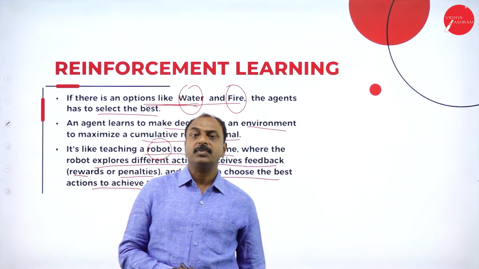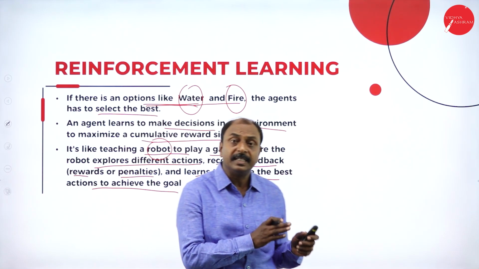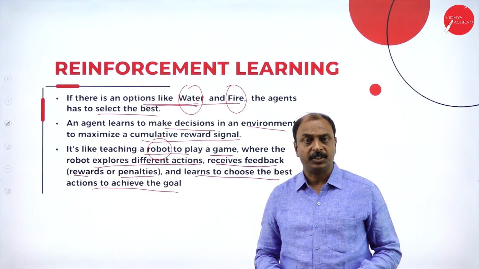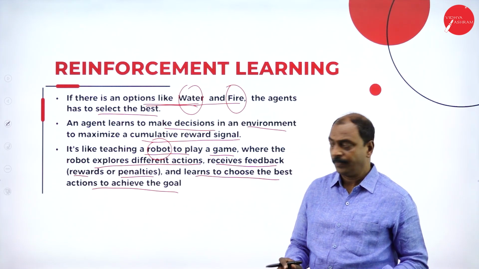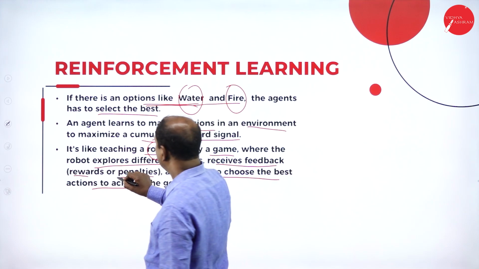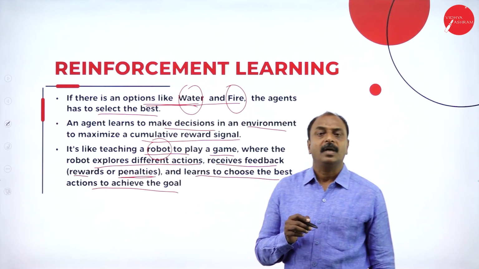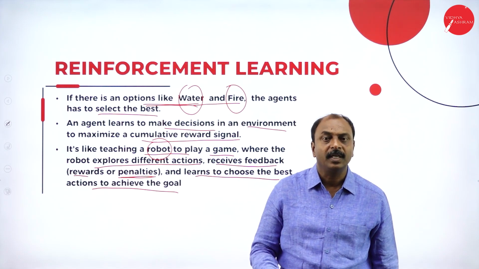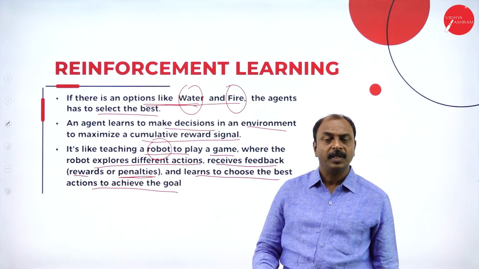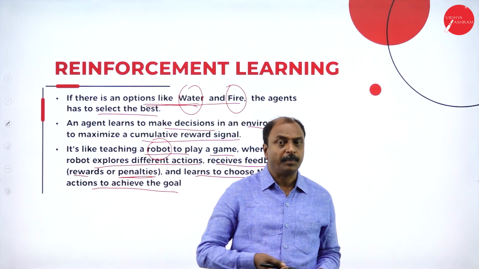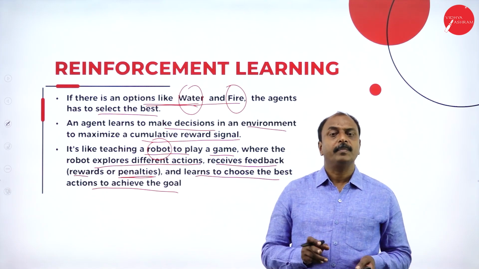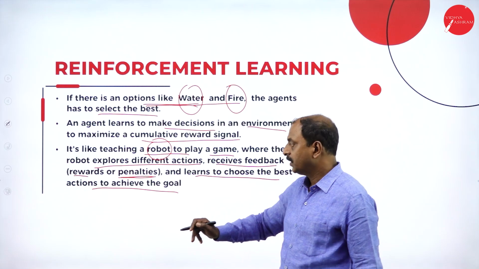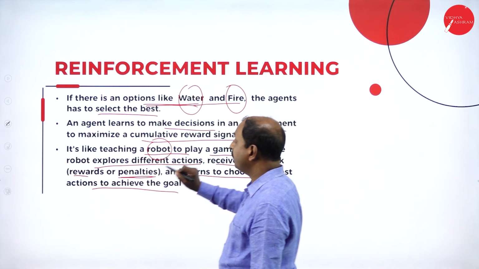If the rewards keep increasing, then that would be the best action, or the best algorithm. It also depends on the penalties. If there are more penalties for a particular action from the system, then it gives negative feedback, so that may not be the optimal algorithm for a particular problem. That is the concept of rewards and penalties.